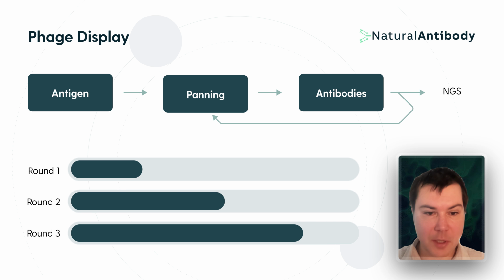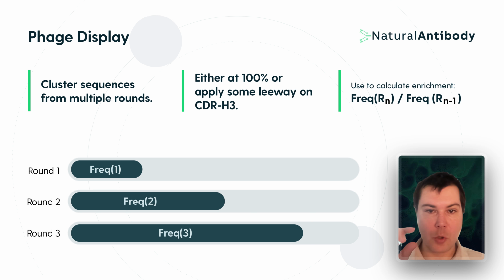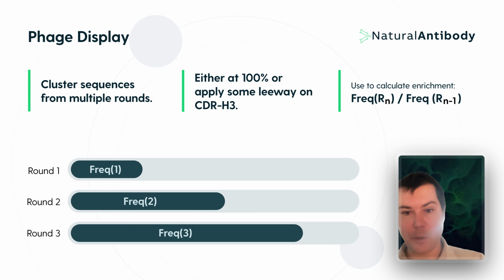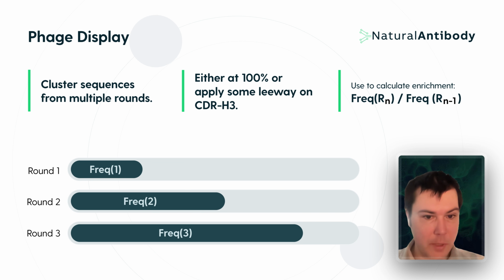This is where the NGS comes in, because you want to sequence those antibodies. So you want to identify 100% or at least fuzzy CDRH3 100% clusters. And you want to be able to say which of the sequences actually increased in their overall frequency from one round to the other, because these should be the stronger binders.